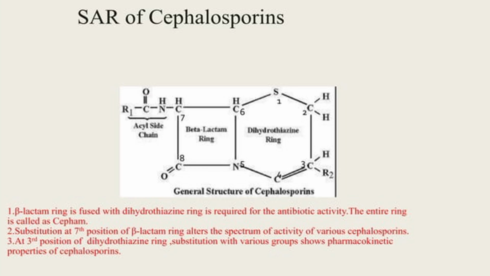Anything substituted at carbon number 3, maybe with hydrogen or with this R2, can change the absorption parameter, distribution pattern, metabolism parameters or through which pathway they are metabolized, excretion and toxicological parameters.